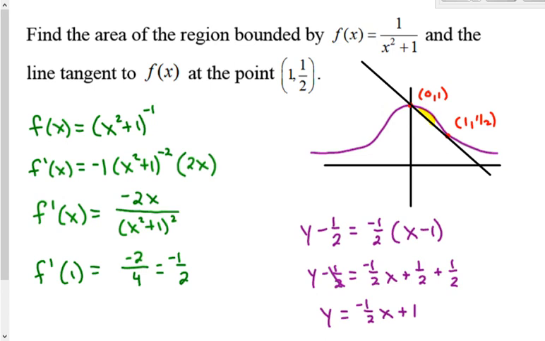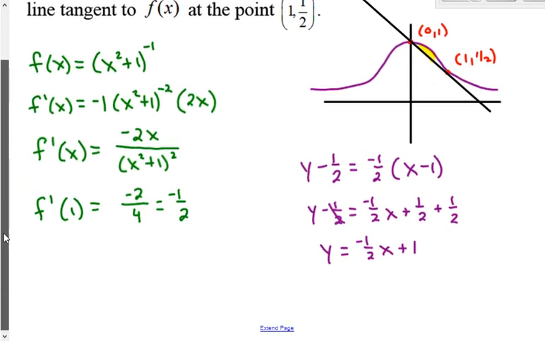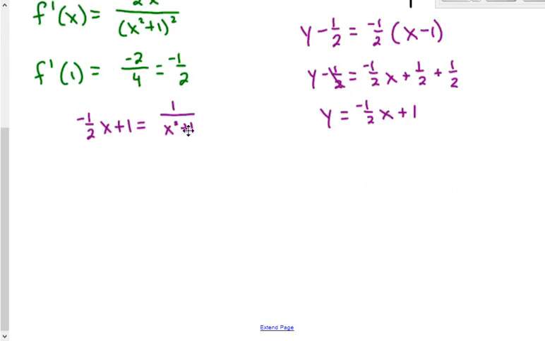Now, if it hadn't turned out so nice, if it hadn't turned out that the tangent line went through the y-axis the same place our function did, then what we'd have to do is figure out where our tangent line equals our function. Or in other words, where does negative 1/2 x plus 1 equal 1 over x squared plus 1? To solve this, I would cross multiply over here. So x squared times negative 1/2 x would give me negative 1/2 x cubed.